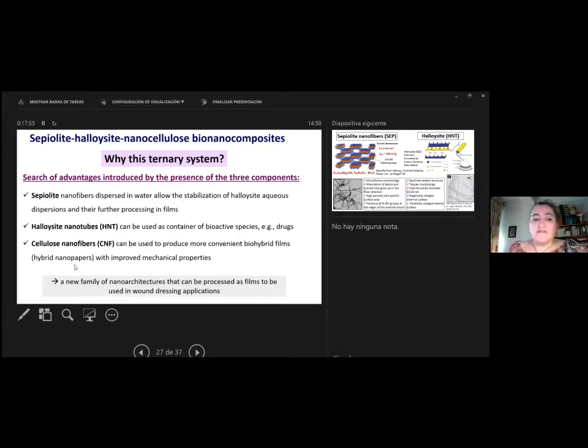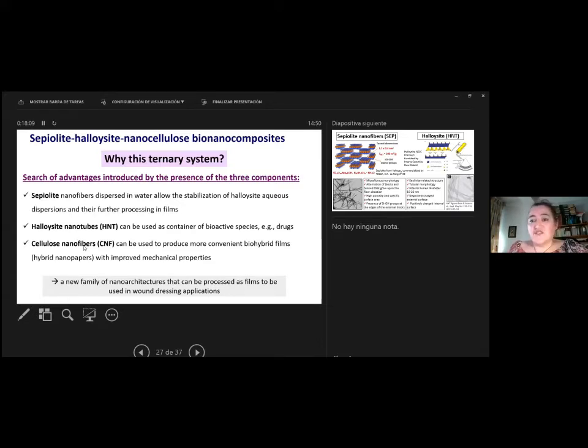And then we have cellulose nanofibers. We will combine these and produce a nanoarchitectonic material, which is actually like nanostructured particles formed by the combination of the three particles.